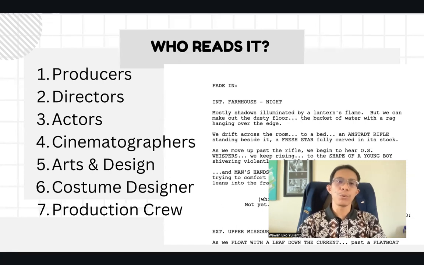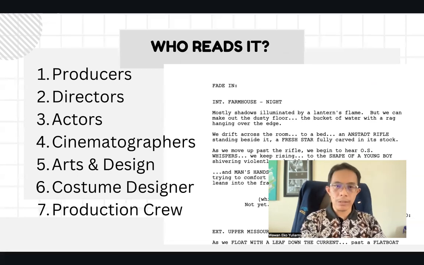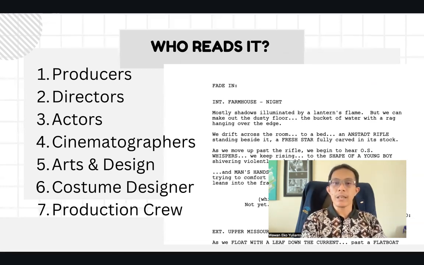Producers are those who put together all these people with the resources that they have. And then it's also for the directors. People who will be directing the movie need to know not only the story, but also the elements that they will need to direct the movie.